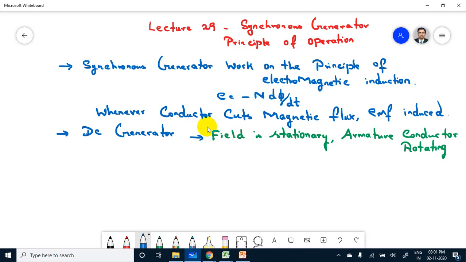Now if we consider an AC generator, what is an AC generator?